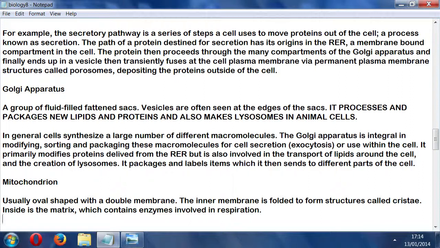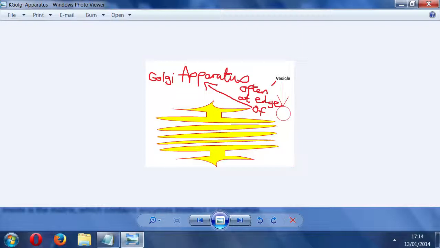It primarily modifies proteins delivered from the RER, but is also involved in the transport of lipids around the cell and the creation of lysosomes. It packages and labels items which it then sends to different parts of the cell. So let's see what we've got.